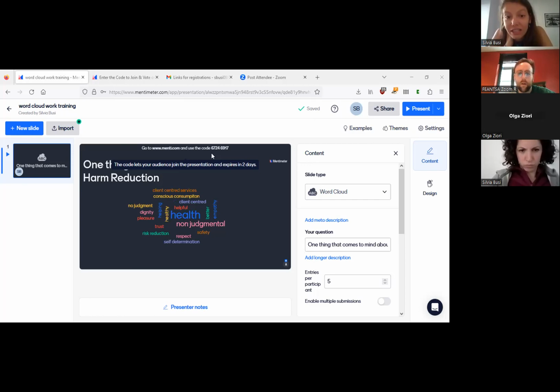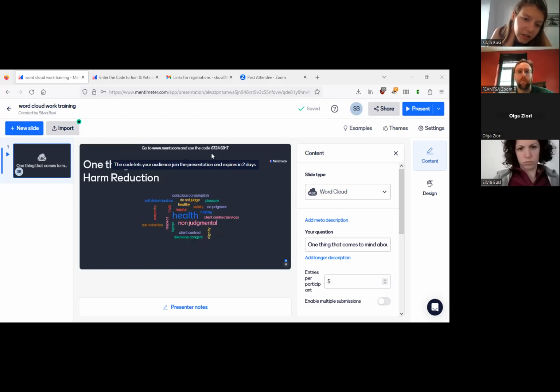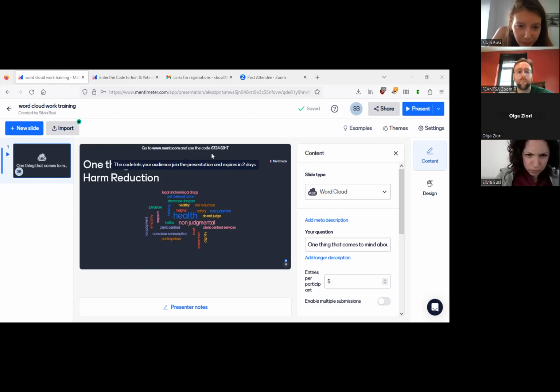The main word that I see here is health, and non-judgmental, but also we can see client-centered services, conscious consumption, helping, dignity, pleasure, trust, risk reduction, empathy, helping, safety, legal and not legal drugs, self-determination, decreased danger, participation. I think I said them all.